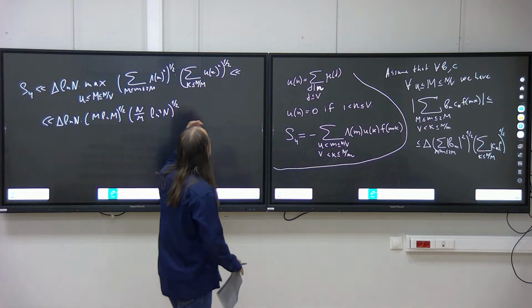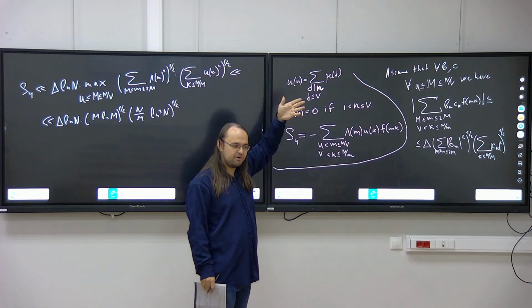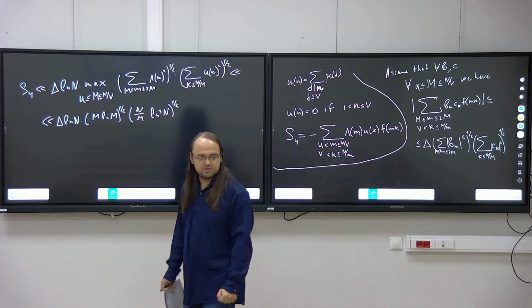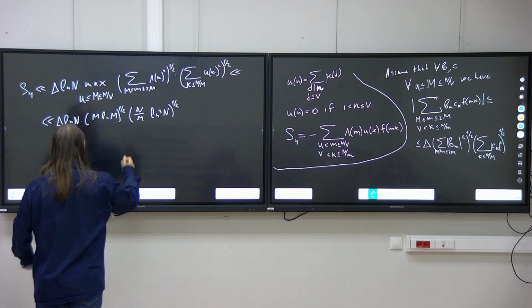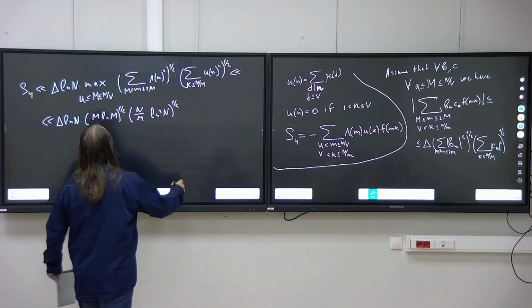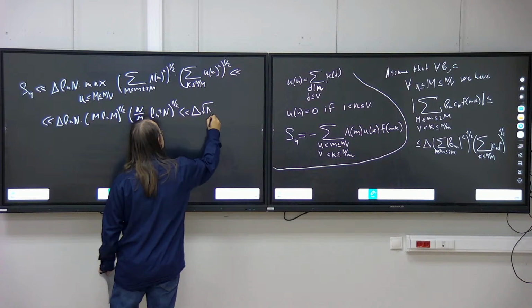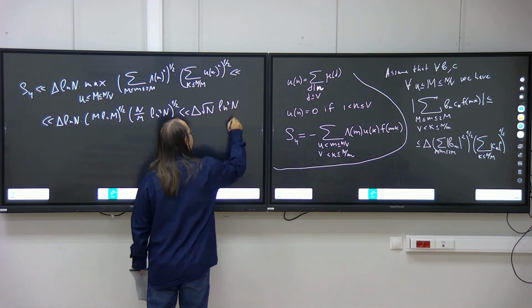I just tell you that U of K is at most the number of divisors, tau, and if you sum tau squared, you get log cubed. Okay, so then uniting everything together, you get delta square root of N times log cubed of N.